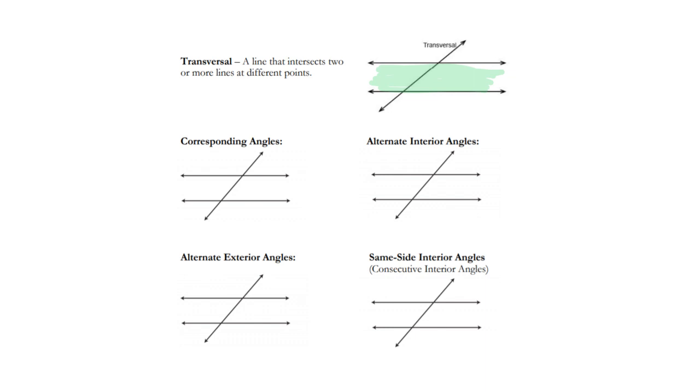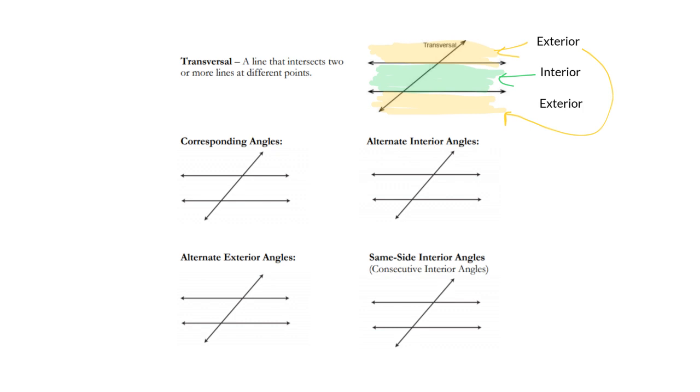And then we've got the exterior, and the exterior is both on this side of that line and on this side of the other line. So that is the interior and the exterior. The exterior is here as well as over here, and the interior is there. Okay, and we're going to need that as we talk about some angle pairs below.